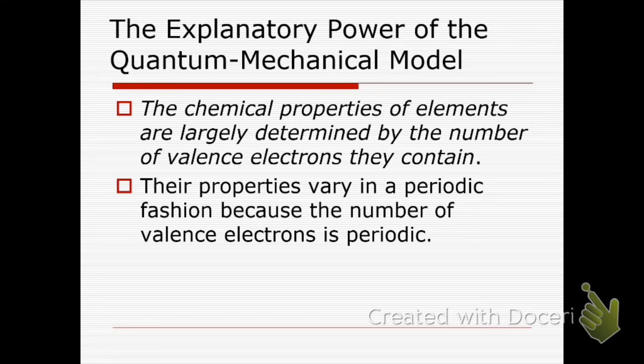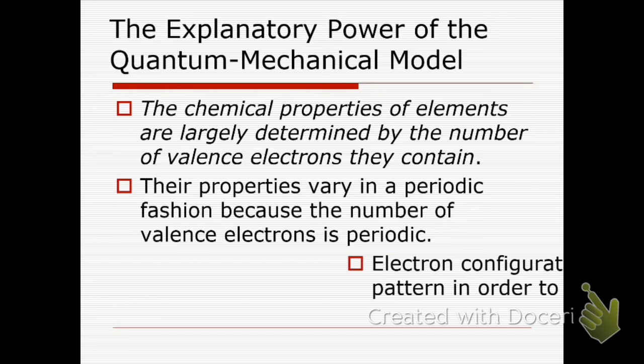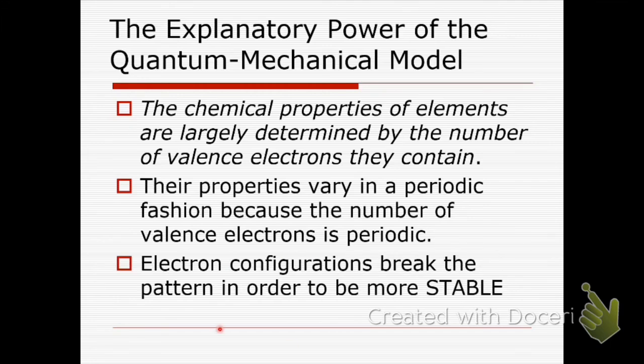I do want to comment that when you look at a table of electron configurations for all the elements, particularly when you hit some of the transition metals and our lanthanide and actinide series, you are going to come across some exceptions to the electron configuration pattern. All of those exceptions occur, they break the pattern, because they will be more stable, and that is why that occurs.